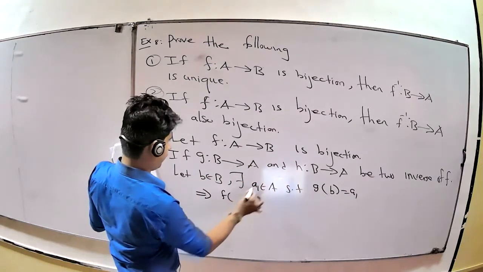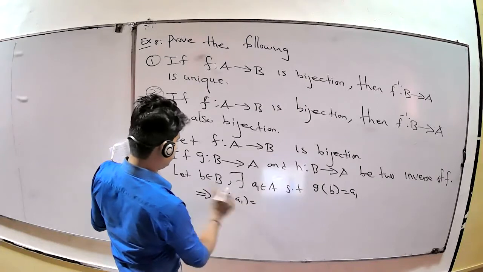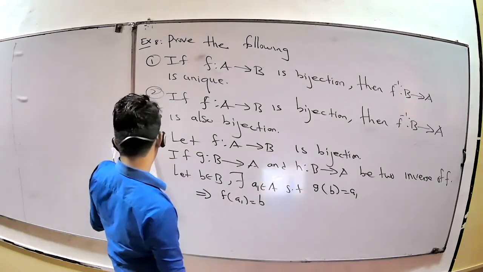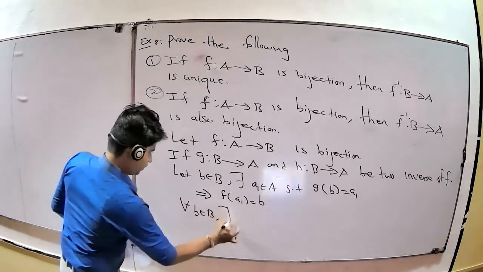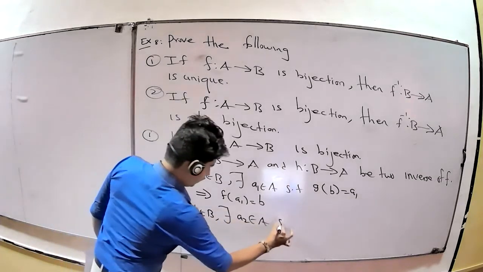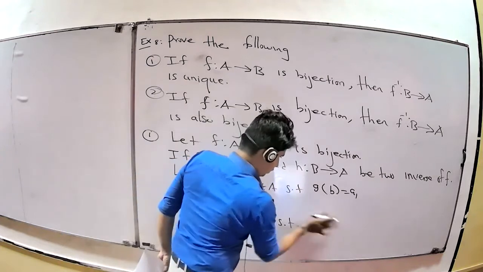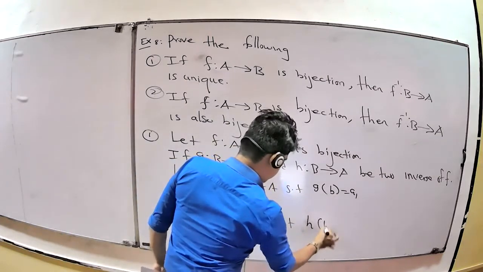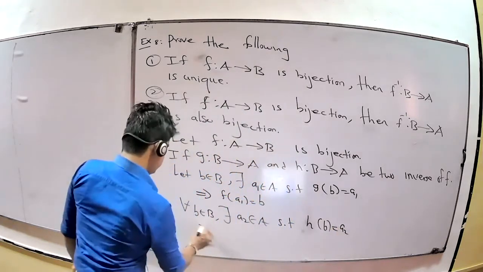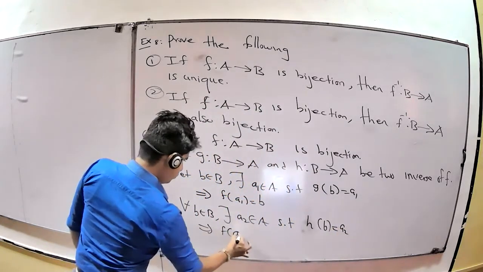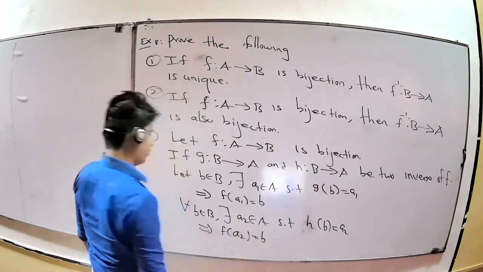Therefore, f of a1 equals this b. Similarly, for all b belonging to B, there is a2 belonging to A such that h of b equals a2, and f of this a2 equals b.